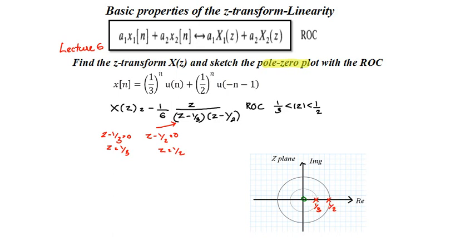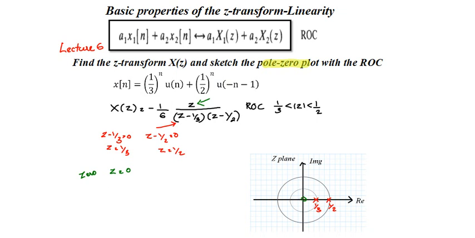Okay, and if we equate the numerator part, numerator part means there is only one factor, that is z, and you equate z is equal to 0. So this is known as the root of the numerator, known as zero, and here is one zero at z is equal to 0.